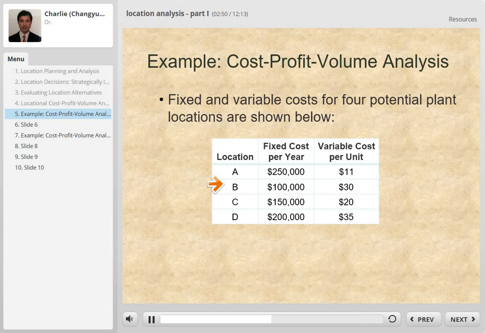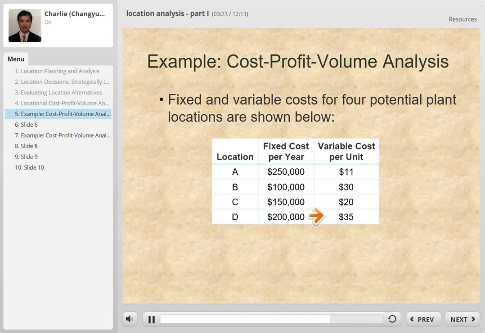Now for location B, the fixed cost is $100,000 per year, and the variable cost is $30 per unit. Now C, fixed cost $150,000, variable cost is $20. D, fixed cost is $200,000, variable cost per unit is $35. So we can see that for different locations we have different fixed cost and different variable cost.